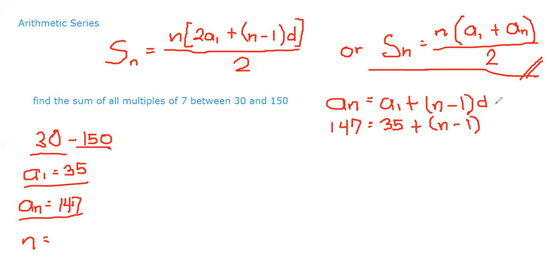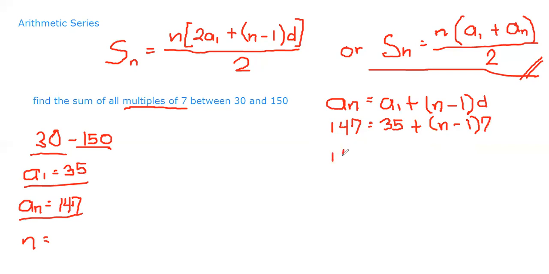What is our d? Ano yung common difference natin dito? Class, what is our common difference here? 7. Yes, 7, because sinasabi natin multiples of 7, so lahat ng interval nila 7, diba? So lahat sila, ang common difference nila 7 din. Okay? Then we have 7 here.